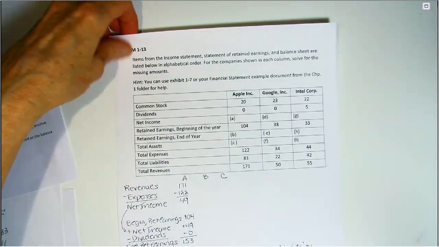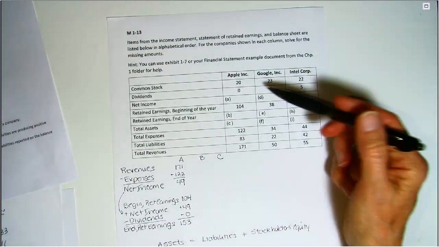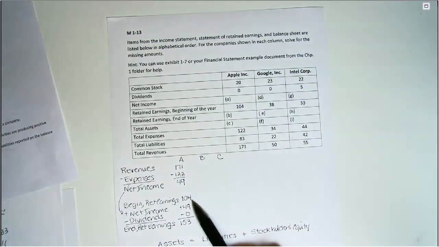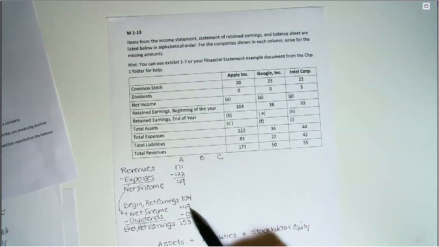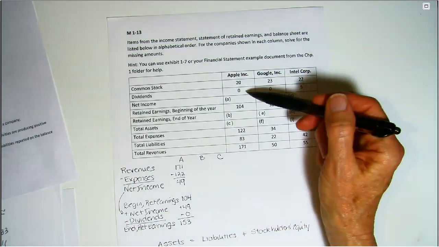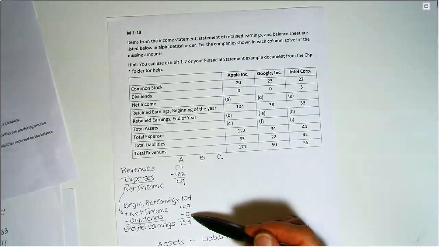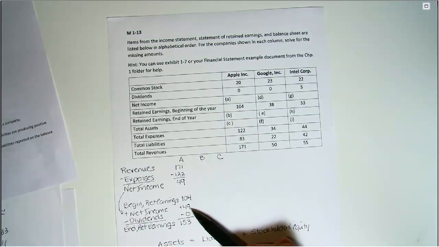Beginning retained earnings, which is 104, plus the net income we just calculated, the earnings for this year, minus the dividends, and there are 0. So 104 plus 49 equals 153.